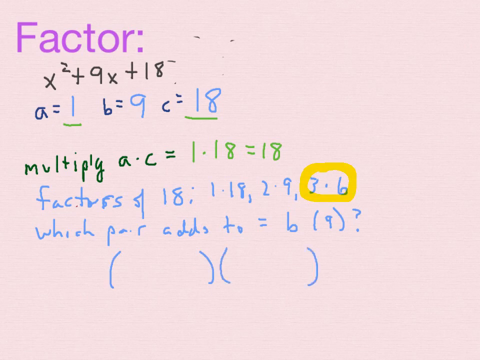My a term factors as x and x, and that's coming from up here. That becomes your x and your x. The second part of this comes from what we did right here. So the 3 will go in one parenthesis and the 6 in the other. It doesn't matter which comes first. Because it was a positive 3 and a positive 6, this is what we have.